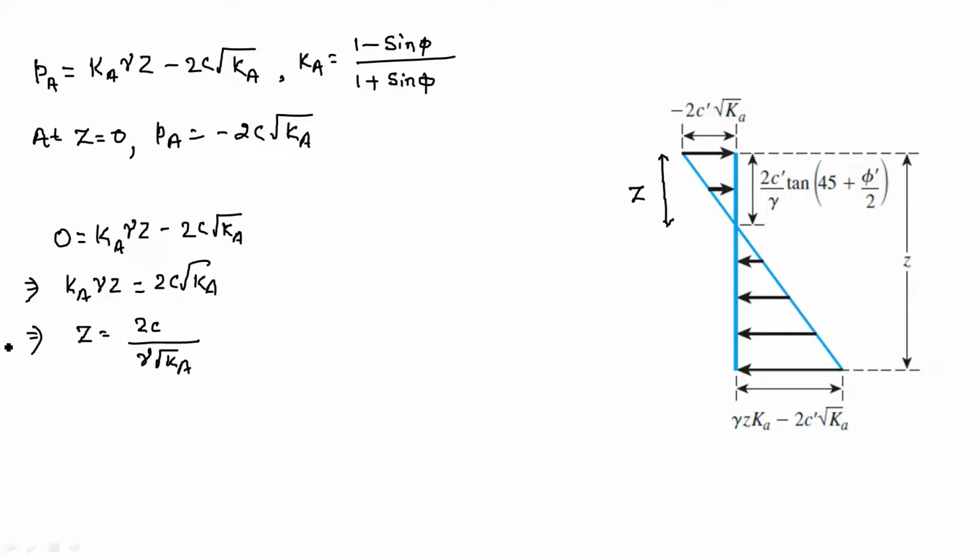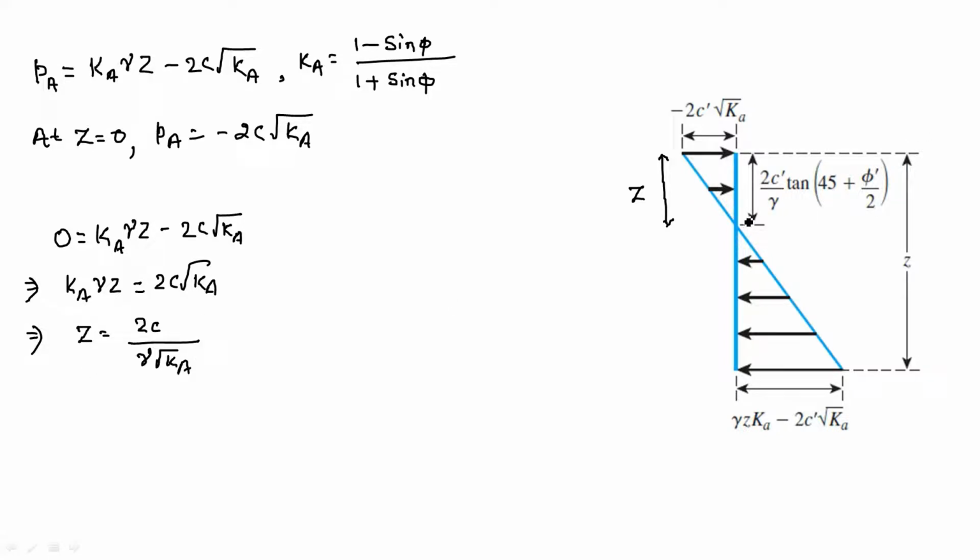So this z is that point where the Pa is equal to 0, that is, active earth pressure is 0, and above which this soil is in tension zone. This depth is called the depth of tensile crack. So always remember, whenever you are asked to find the depth of tensile crack, you just use this equation and find the value of z.